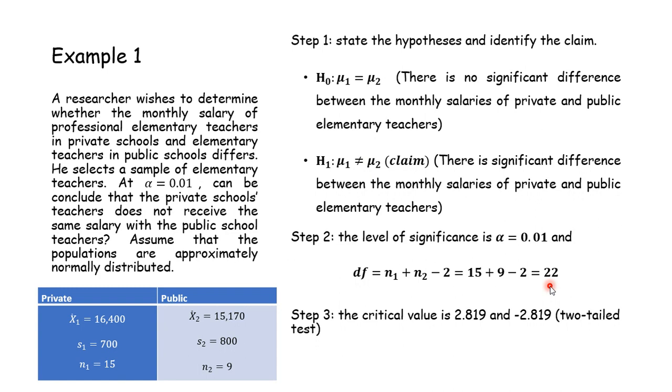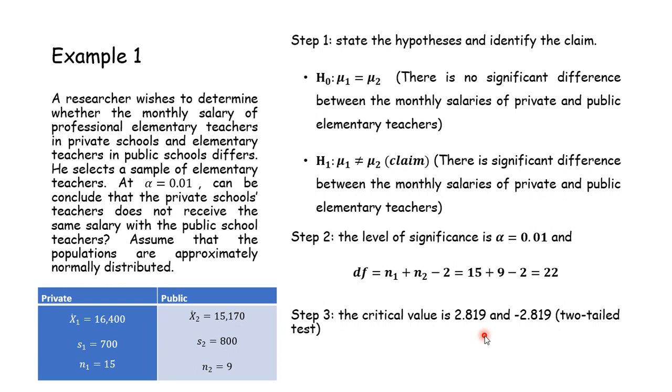Hanapin nyo dun sa table na color brown yung two-tailed, and then check nyo yung row na yon, 0.01, the level of significance. I think it was located on the very last column of the row na iyon. And then, hanapin nyo yung 22 doon sa degrees of freedom, and then pagtapatin po natin sila. Okay, ito po ang makukuha din ninyong critical value.